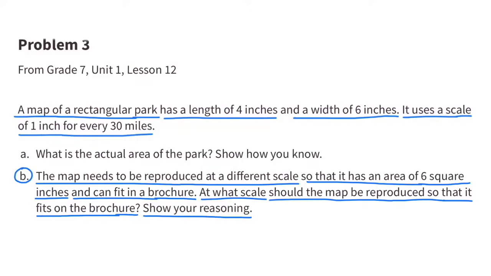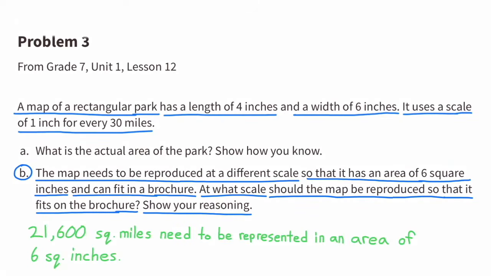B. The map needs to be reproduced at a different scale so that it has an area of 6 square inches and can fit in a brochure. At what scale would the map need to be reproduced so that it fits on the brochure? Show your reasoning. What this is saying is that 21,600 square miles needs to be represented in an area of 6 square inches so that it will fit in a brochure.